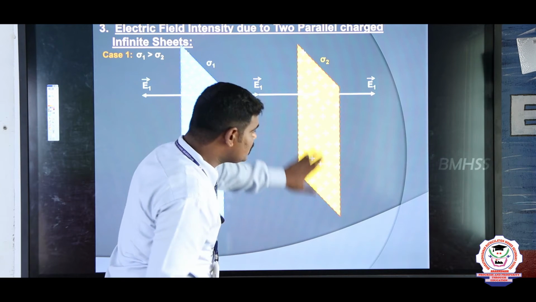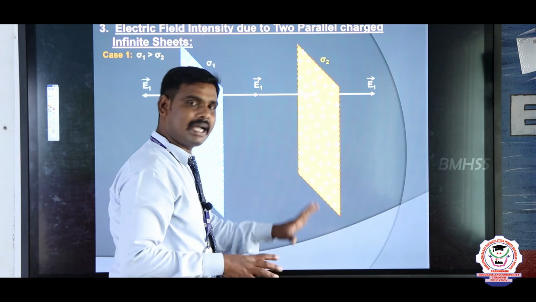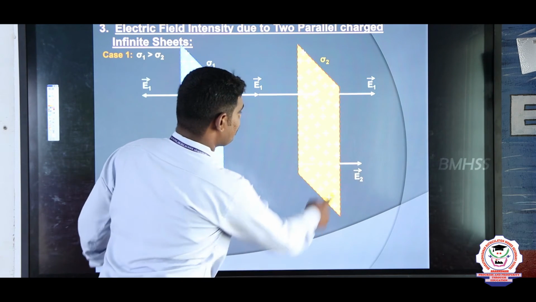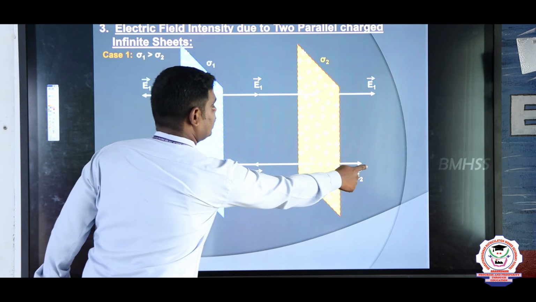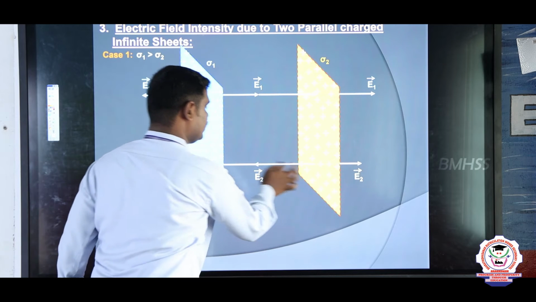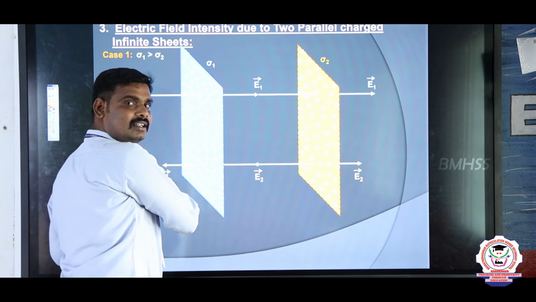Due to this plate also, the electric field acts outwards. This is the E2 direction.